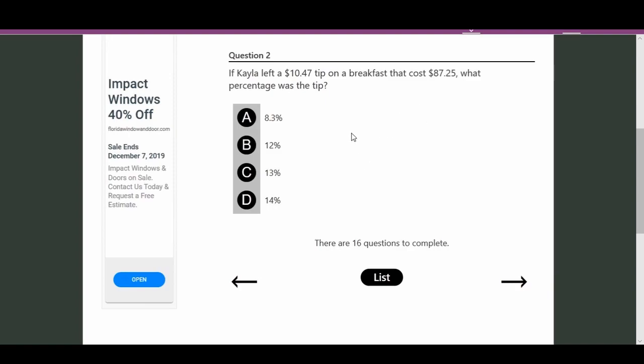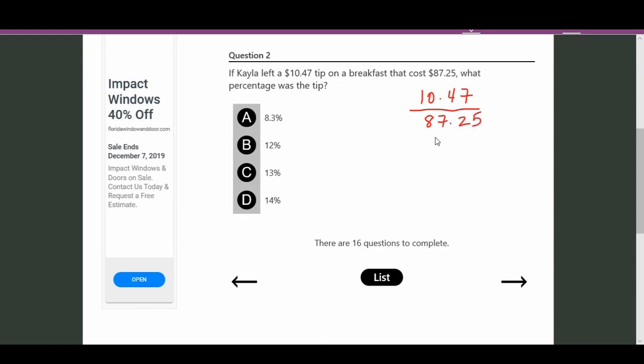Question 2 says, if Kayla left a $10.47 tip on a breakfast that cost $87.25, what percentage was the tip? So to figure this out, we got to do some division. Namely, we got to do $10.47 divided by 87.25.